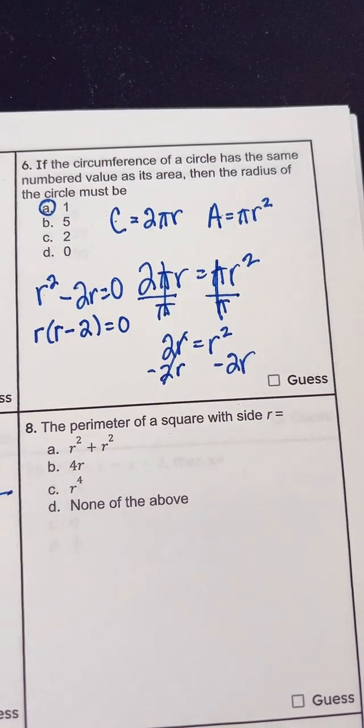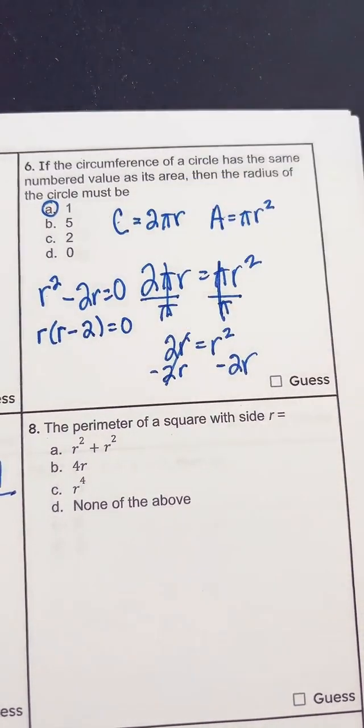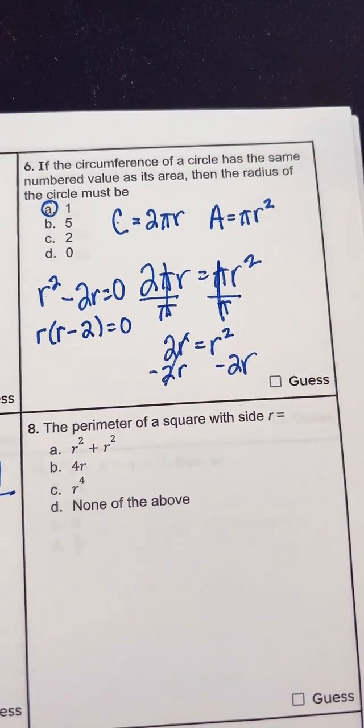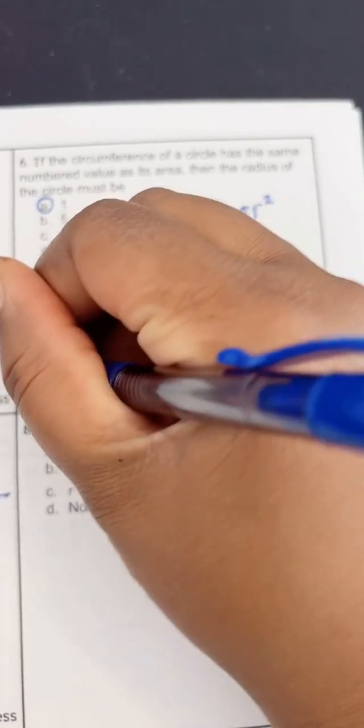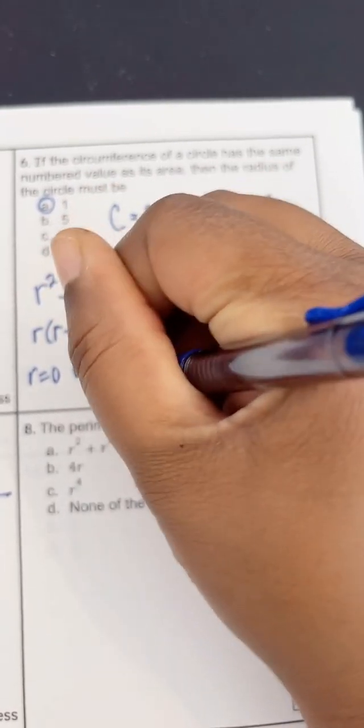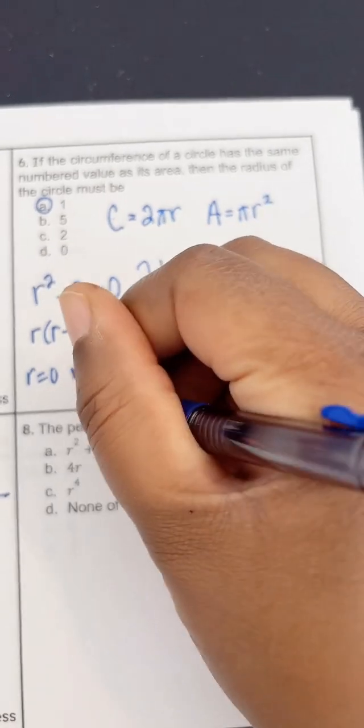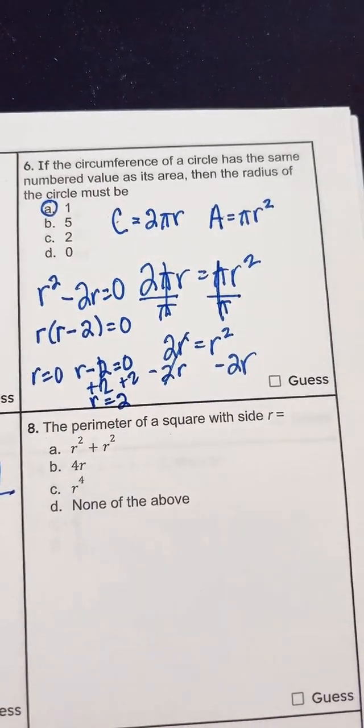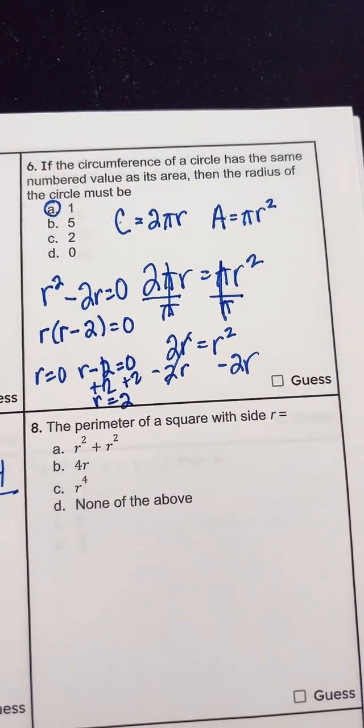Ooh. It looks like we could go with C or D. So R equals 0, or if we add 2, R would equal 2. Would that both work? Yes.